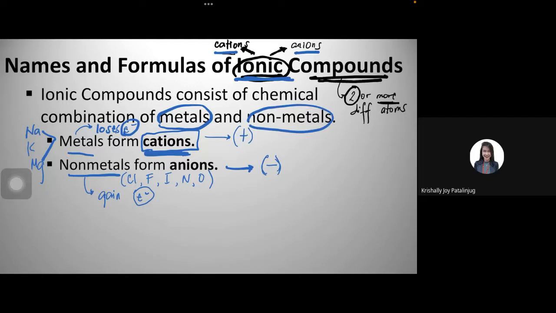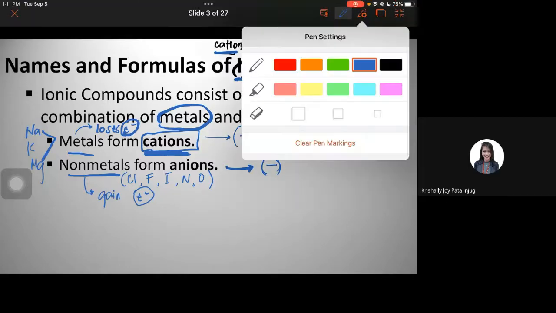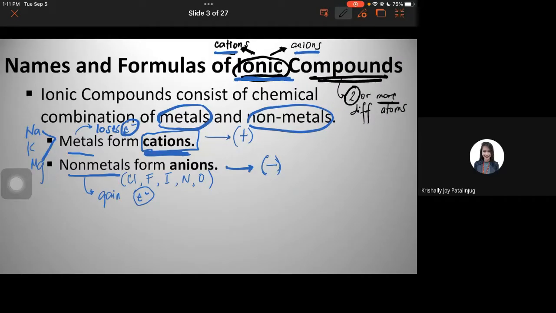Later, when we write the chemical formula of any ionic compound, you'll realize it's a combination of a metal first, followed by a non-metal. In naming any ionic compound, the name of the cation always comes first, followed by the anion. For example, we have a cation of sodium and the anion chloride.